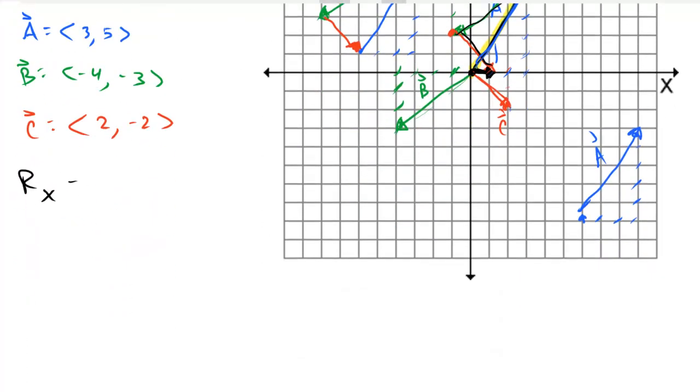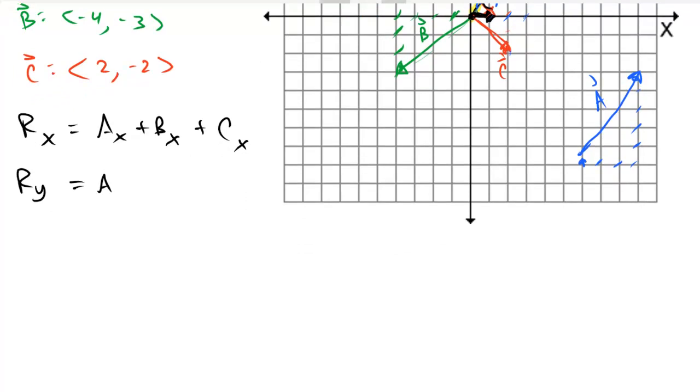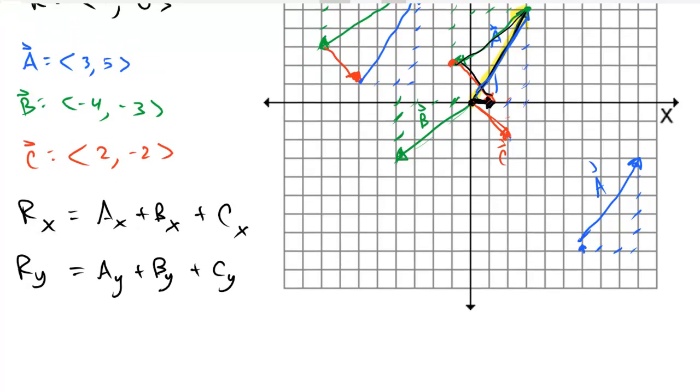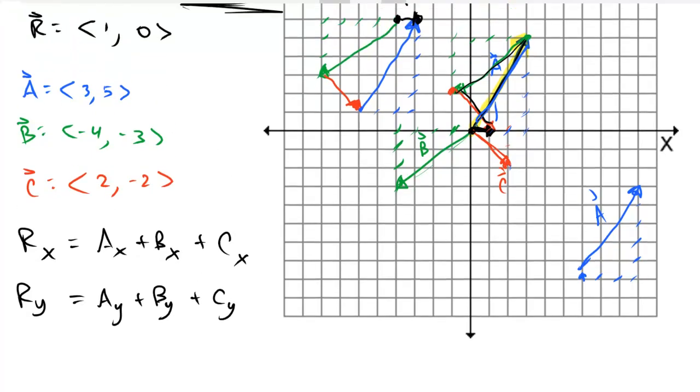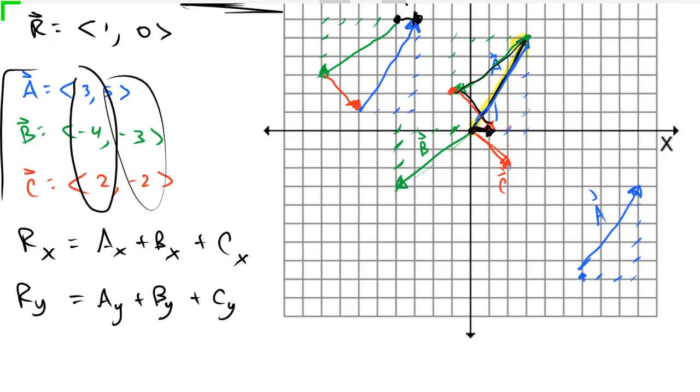The x component of the resultant would be the x component of vector A plus the x component of vector B plus the x component of vector C. Also, the y component of the resultant vector would be the y component of vector A plus the y component of vector B plus the y component of vector C. So basically, if we line these up one on top of the other, we can just add like this for the x's, and like that for the y's.